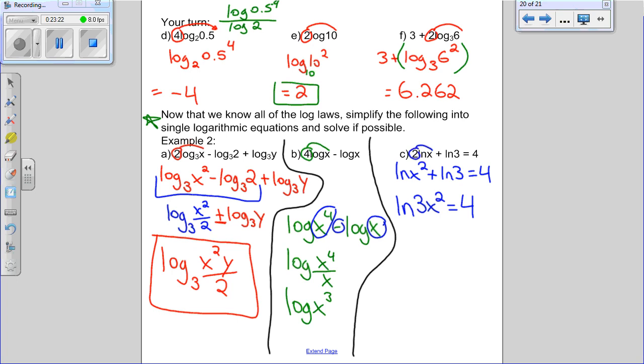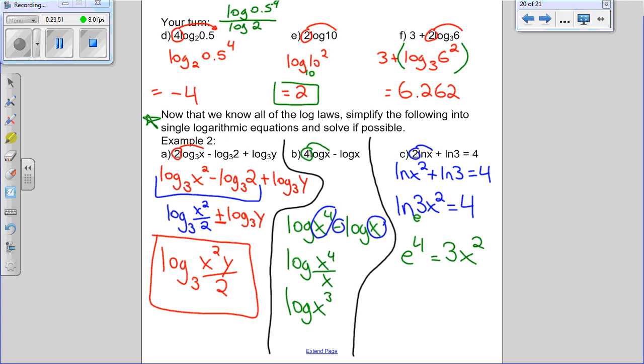Exponential, right? So if you have a log where you're trying to figure out the variable and it's in the log, you change it to exponential form. So this thing has a base of an e. So it's e to the power of 4 equals 3x squared. Now you can solve that thing by getting x by itself. To get x by itself, you have to divide both sides by 3.